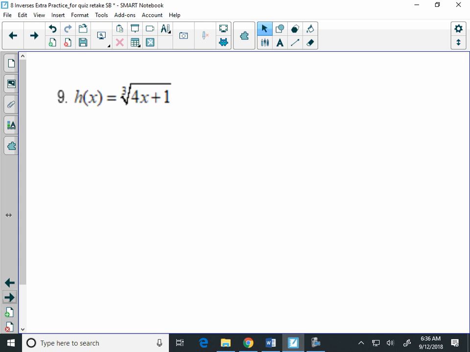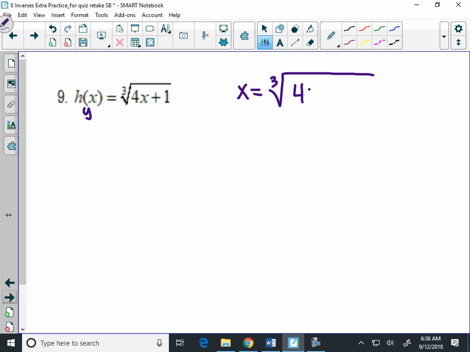All right, number 9. h of x equals the cube root of (4x plus 1). So just like the last problem, we need to start by flip-flopping the x and the y. So we'll have x equals the cube root of (4y plus 1). Now you are not allowed to access the 4y plus 1 until you get rid of the root that is above it.